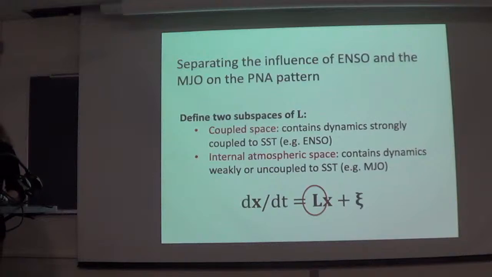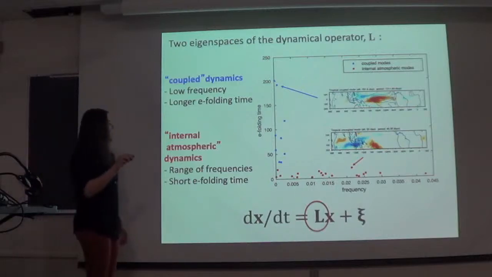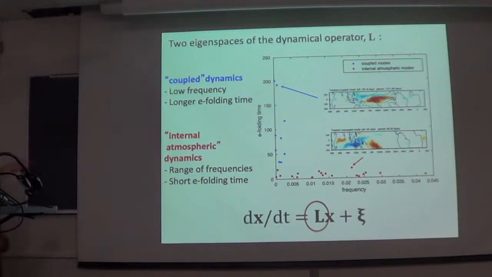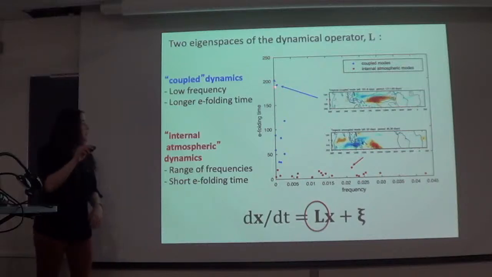The way this is done is by finding all of the eigenvectors and eigenvalues of L, and what we get are known as modes. Each of these circles is a mode of L. Each represents either some independent process or a combination of modes. For example, these two up here are associated with ENSO. You can plot them and see what they look like.